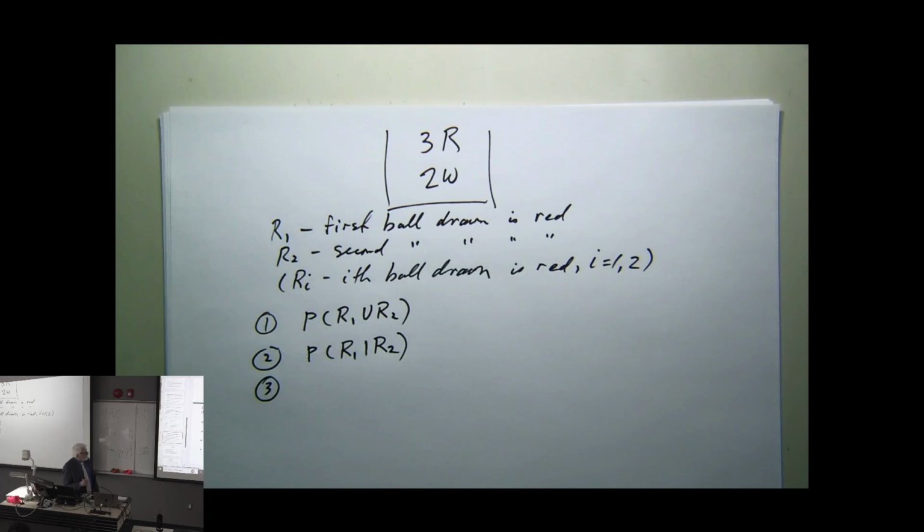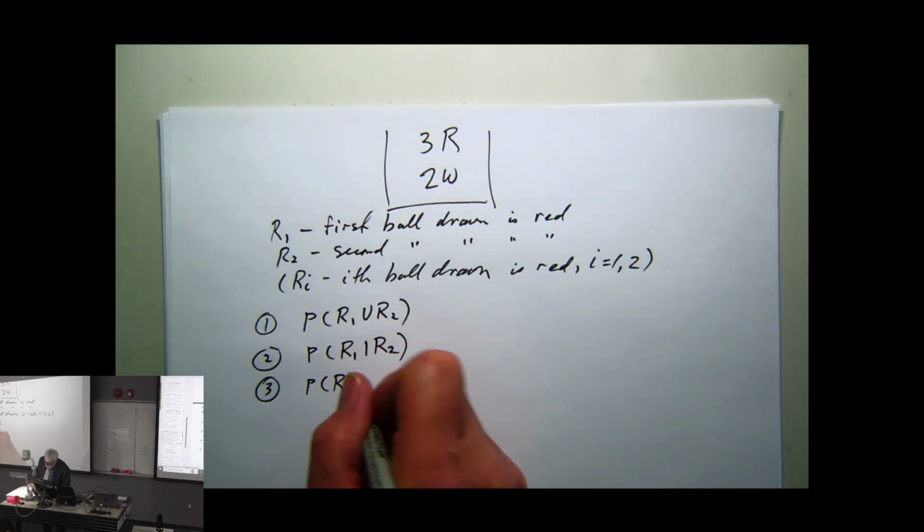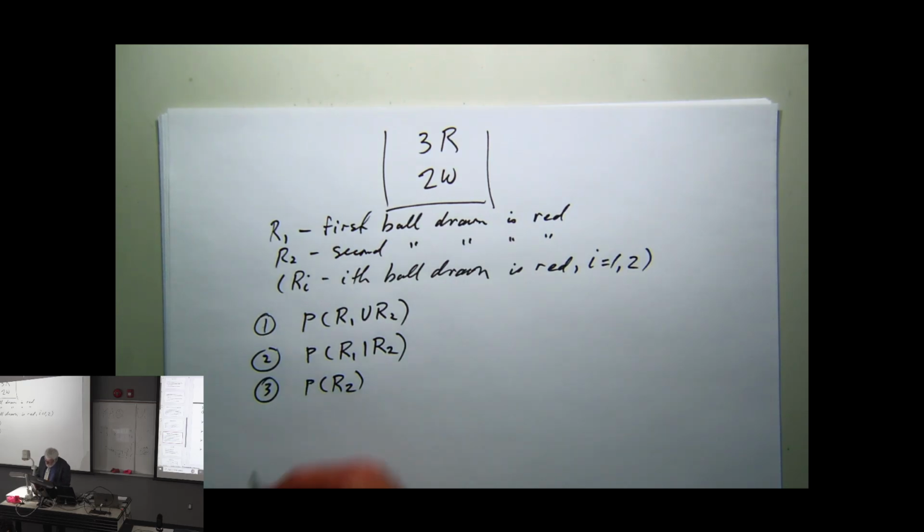The third question says, what is the probability the second ball drawn was red if we don't know the color of the first ball? So that's the probability the second ball drawn is red, and I know nothing about the first ball, so there's nothing conditionally that I know. And if it is known that at least one ball drawn is red, what is the probability that both balls drawn are red?